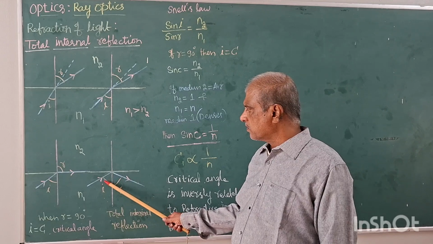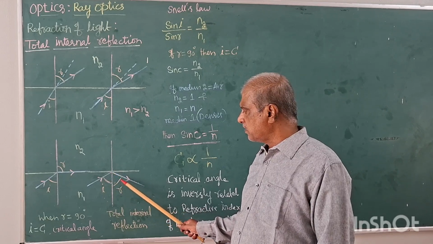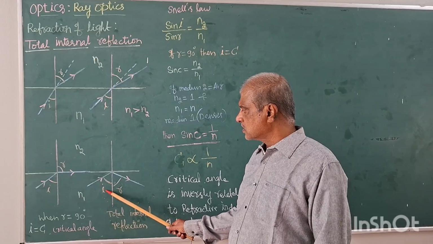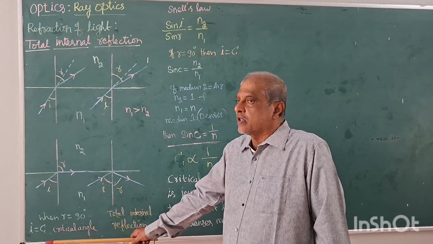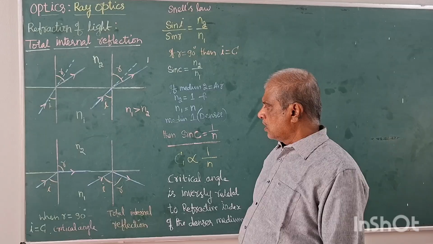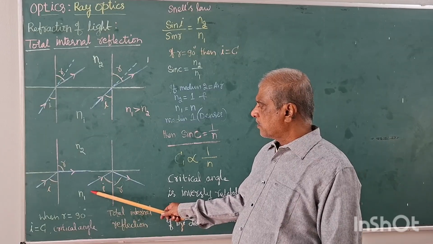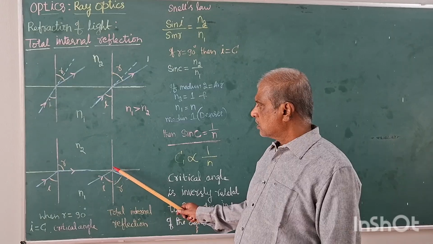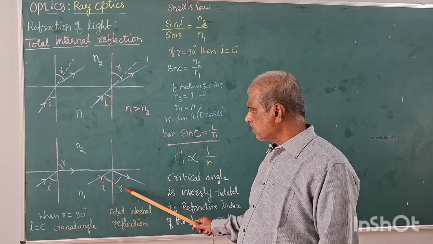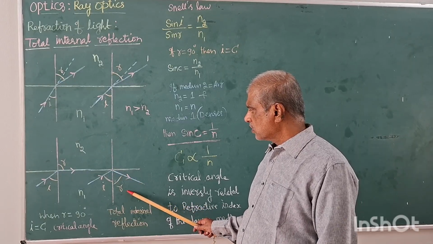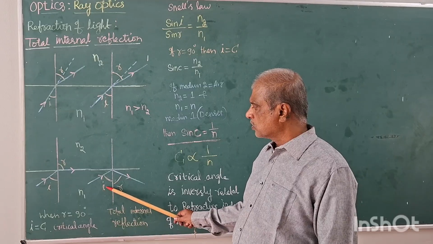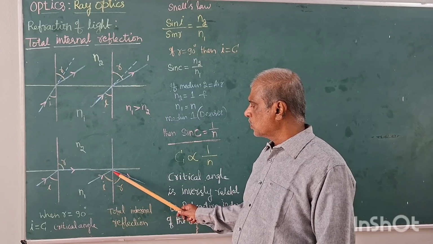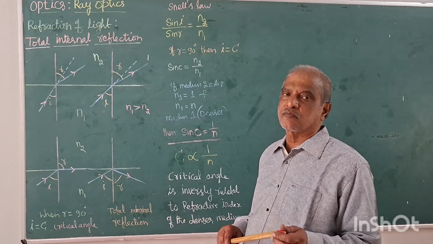So the ray of light bounces back into the same medium when the angle of incidence is more than the critical angle. All the incident rays at the interface bounce back into the same, denser medium when the angle is more than the critical angle. This is similar to reflection.